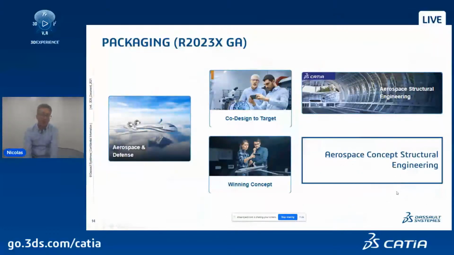In terms of packaging, in 2X GA, this role, Structural Engineer from CATIA, would be put in two IPEs, industry process experiences, for aerospace and defense. In aerospace structural engineering, that belongs to co-design to target industry solution experience, and in aerospace concept structural engineering, that belongs to the winning concept industry solution experience.